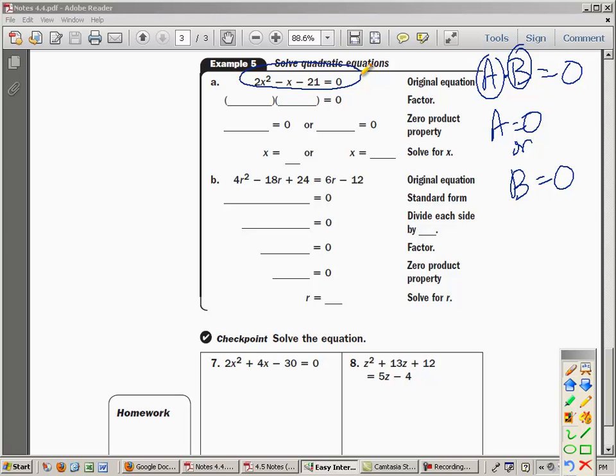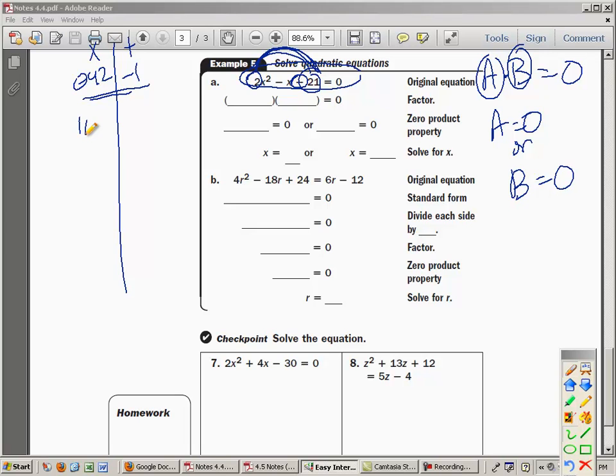So how do I factor two numbers that multiply to make negative 42 that add to make negative 1? While you're looking at negative 42, guys, don't forget it's negative 21 times 2, which is negative 42. I need to multiply to negative 42 and add to make negative 1. So again, because it's negative here and because it's negative here, I know that I need one of each.